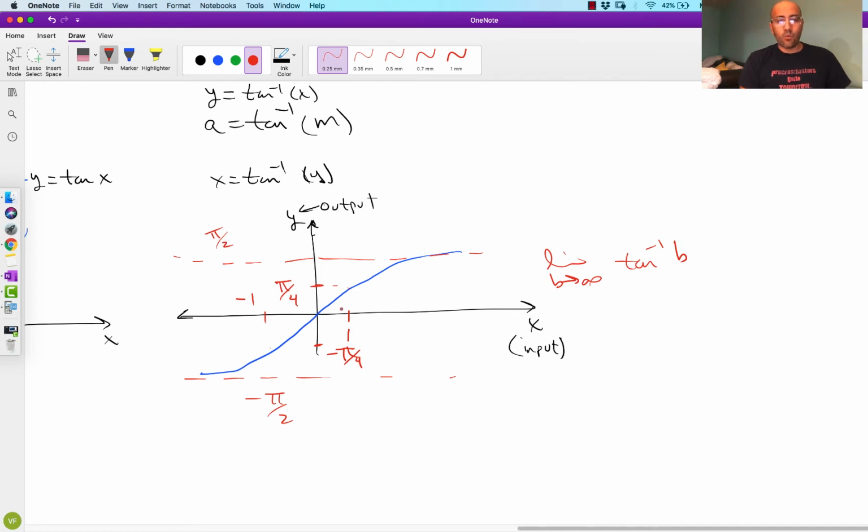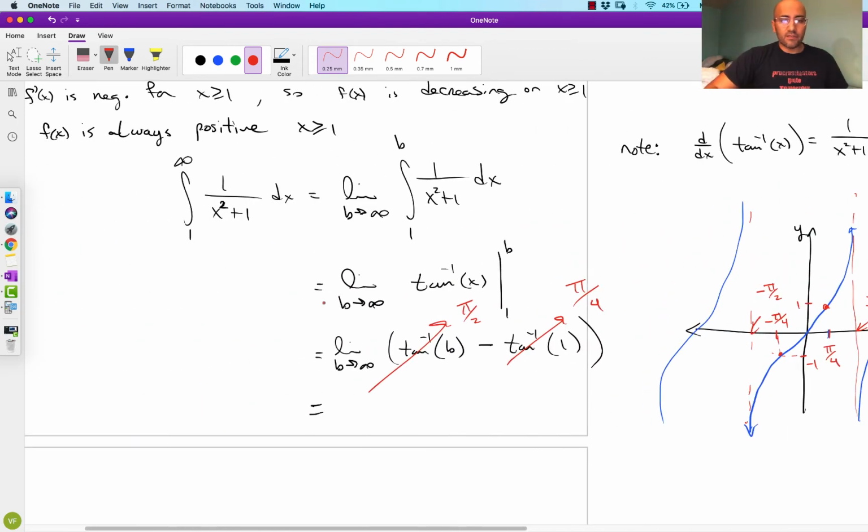And then 1 leads to exactly pi over 4. So that lets me simplify this to pi over 2 minus pi over 4, which equals positive pi over 4. Right? 1/2 minus 1/4 equals 1/4.